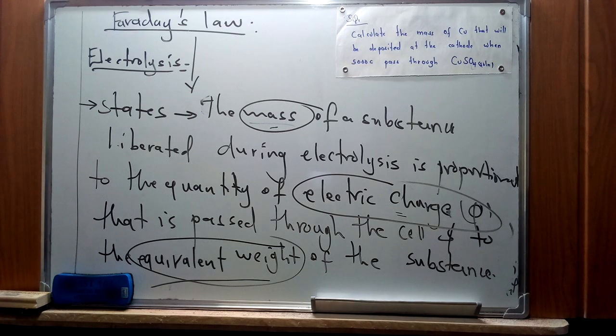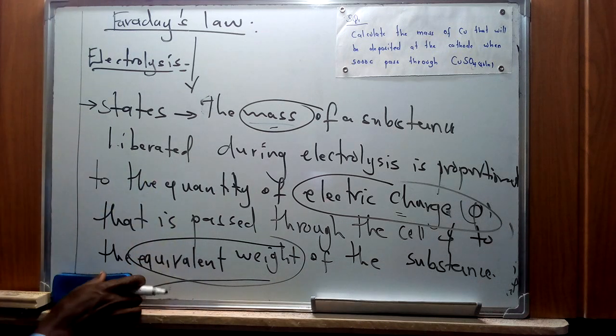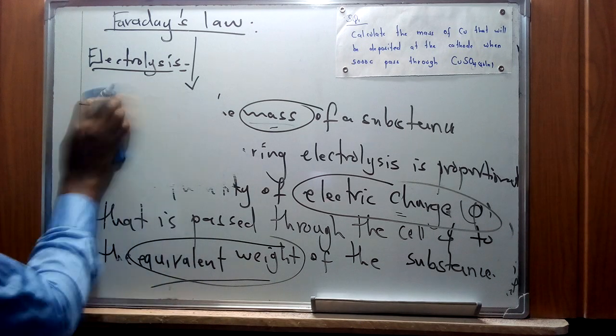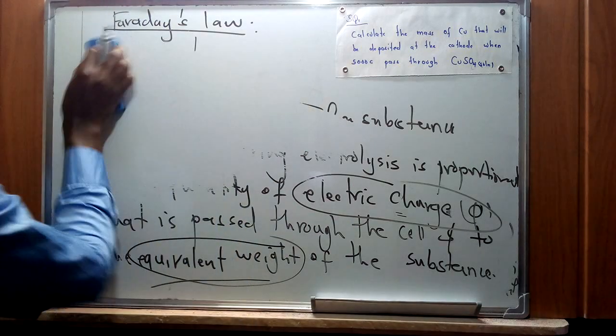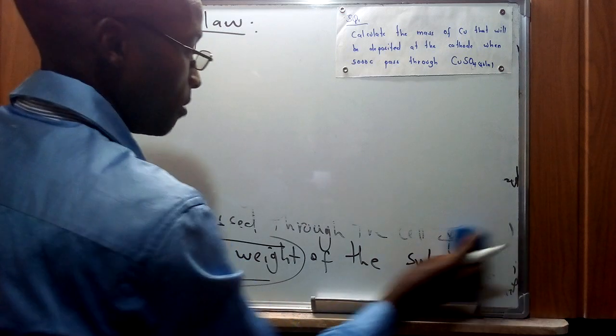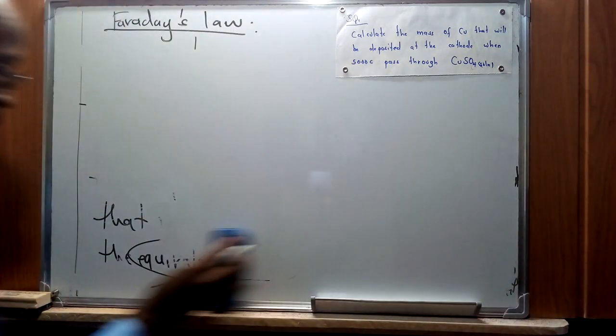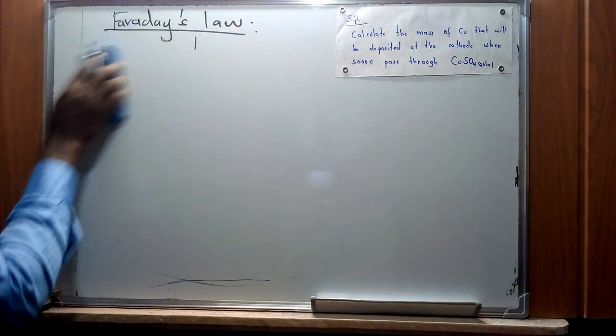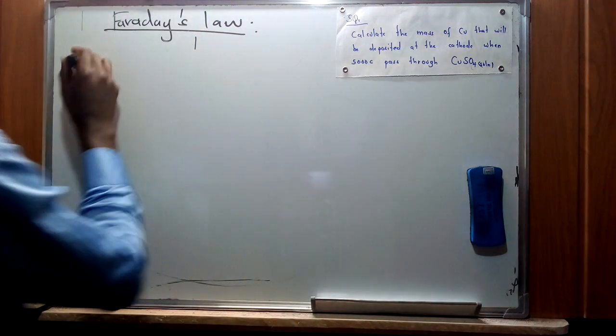And we said that normality of a solution is the number of equivalents of a solute per liter. And therefore, this gave us the relationship between mass of a substance, which we said can donate a proton. So in this case, I'm going to just give a shallow information on this, which is going to assist us in case we need to do some calculations, so that we are in a position to understand what the term equivalent means.